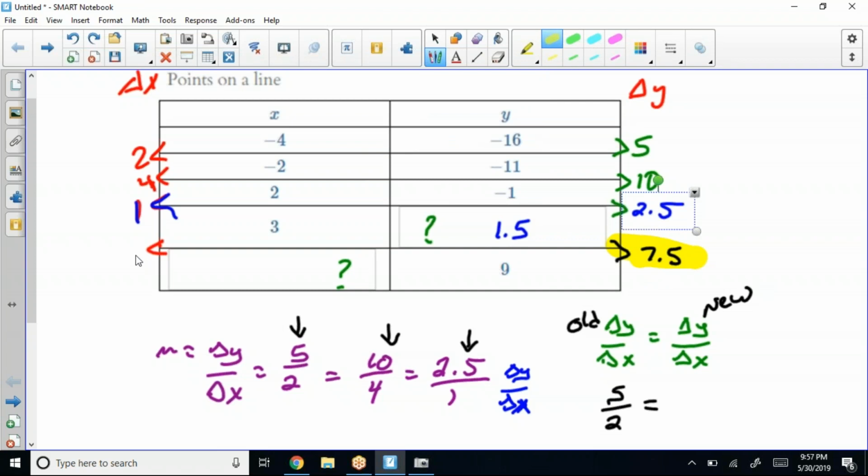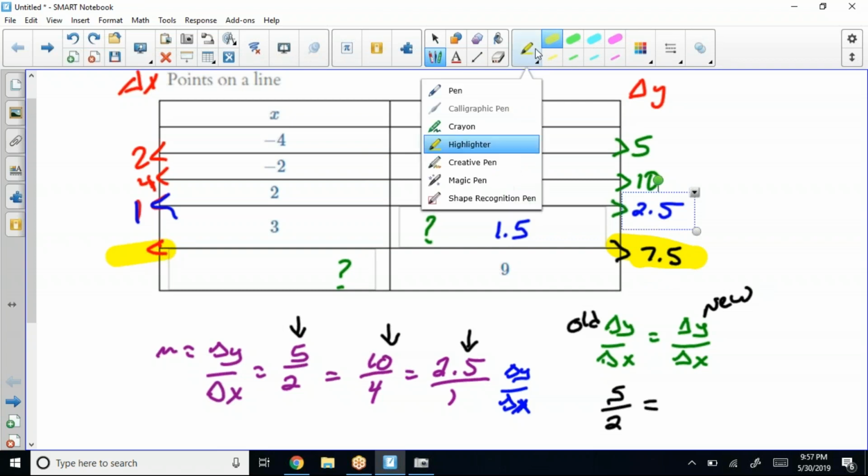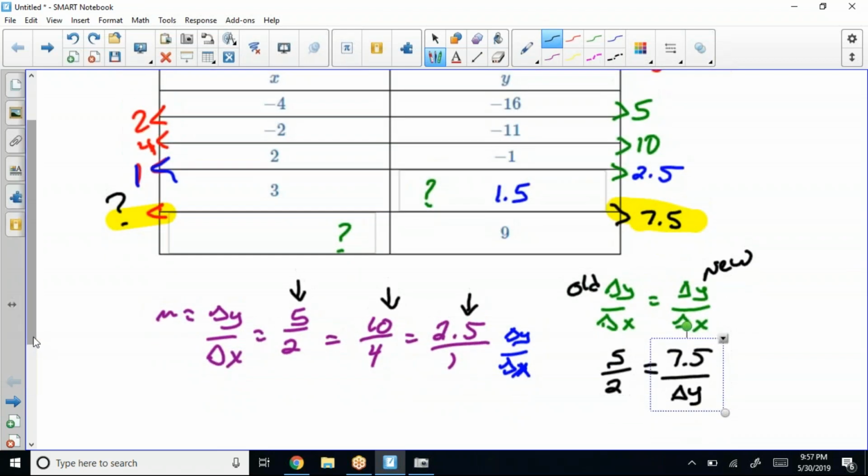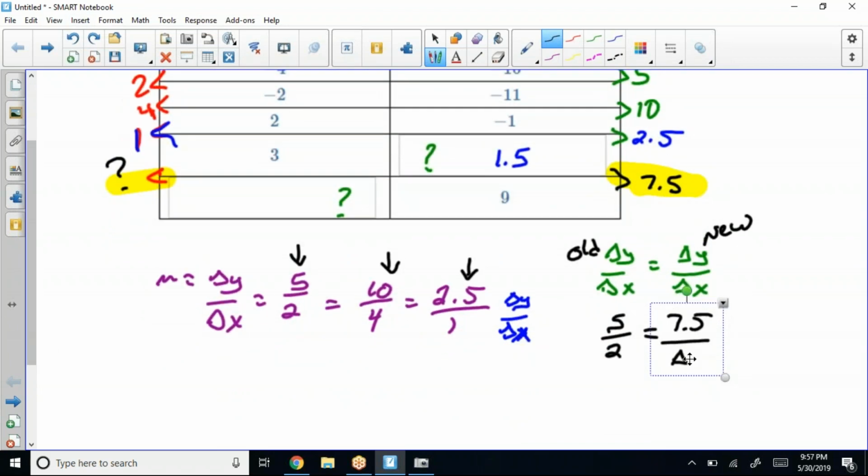I need to find out what that change is. My change in y is 7.5, but I've got not a change. So all I did was set up a nice little proportion: two ratios set equal to one another.